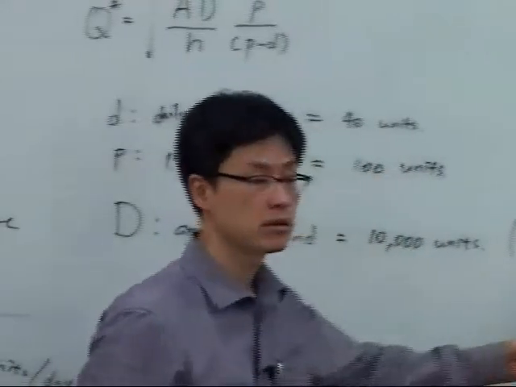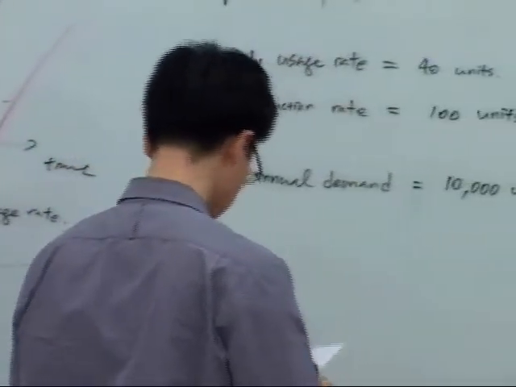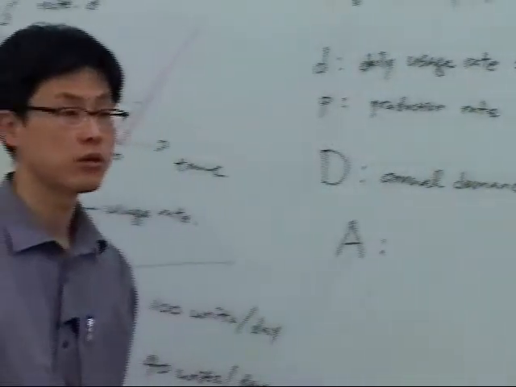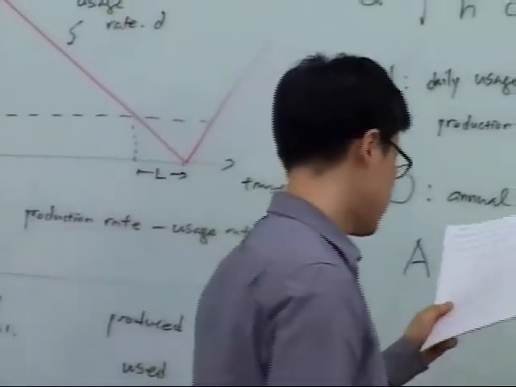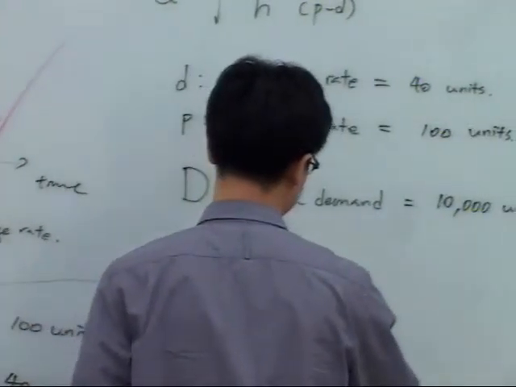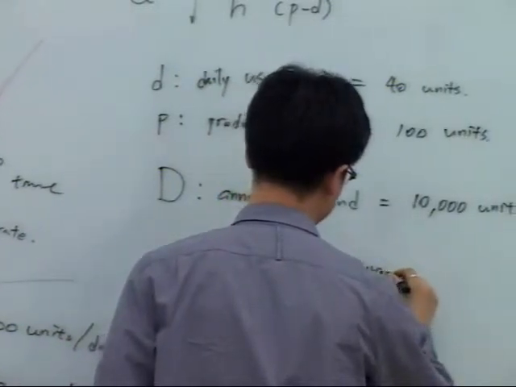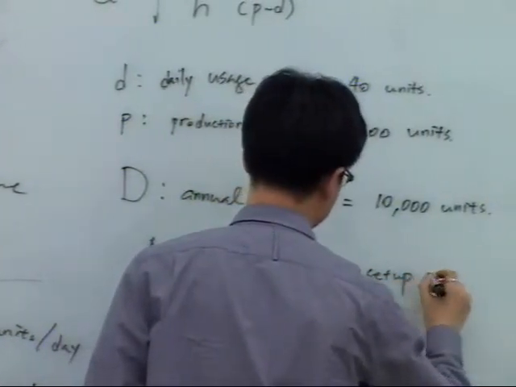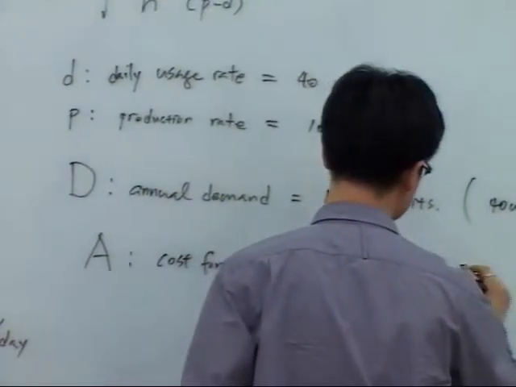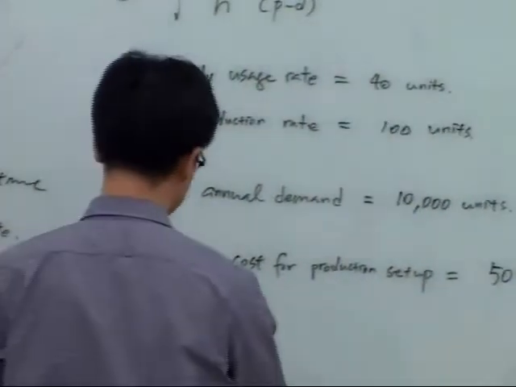Similar to the original EOQ model, the cost for production setup is, for now, assume it's $50.